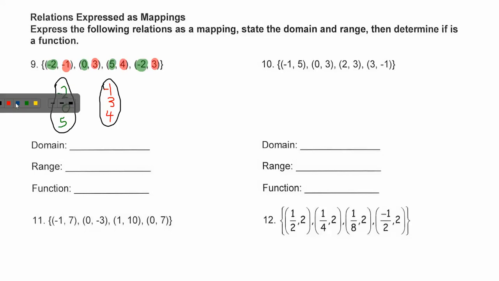Now let's draw the maps. Let's assign these inputs their outputs. So -2 was assigned to -1, 0 is assigned to 3, 5 was assigned to 4, and then -2 was also assigned to 3.